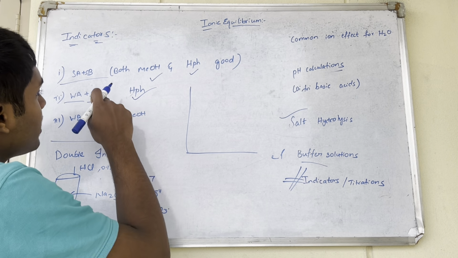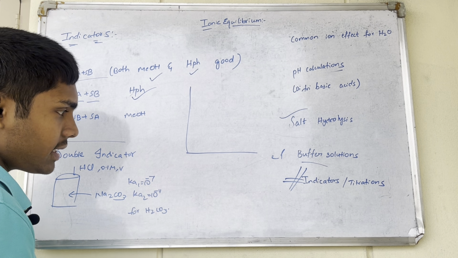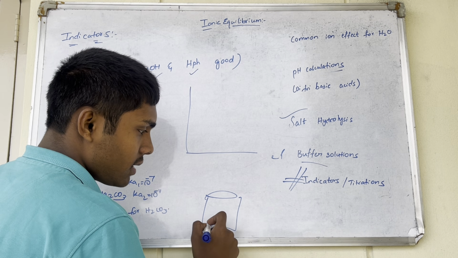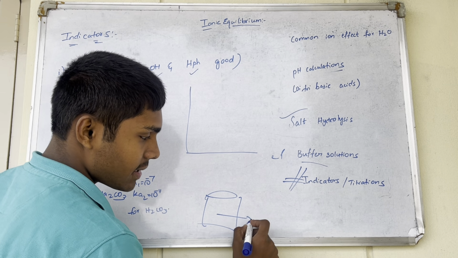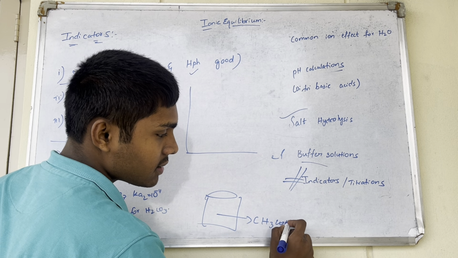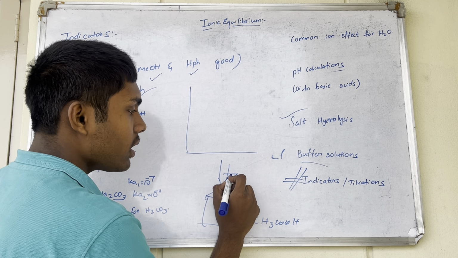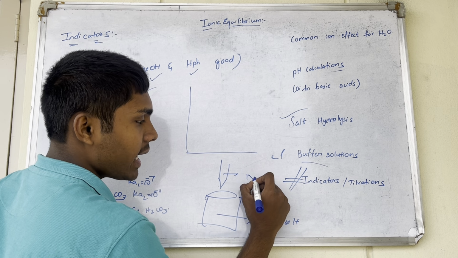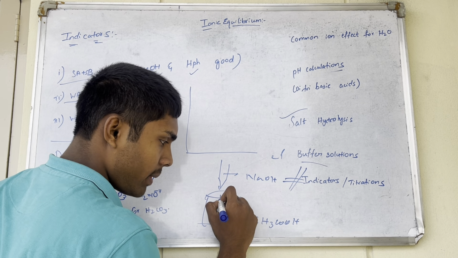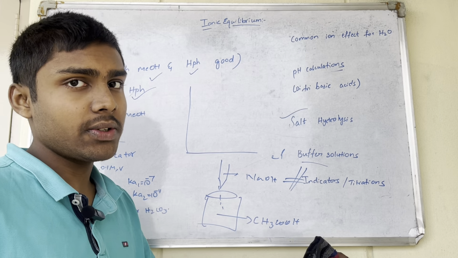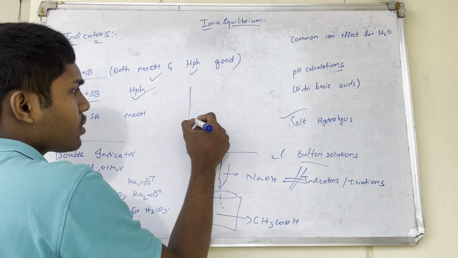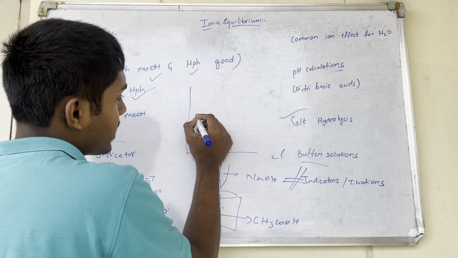Consider the titration of a weak acid. Suppose the solution contains CH3COOH, and from the burette I am going to add a strong base like NaOH drop by drop. This CH3COOH is a weak acid, so initially the pH is going to be something like 6.